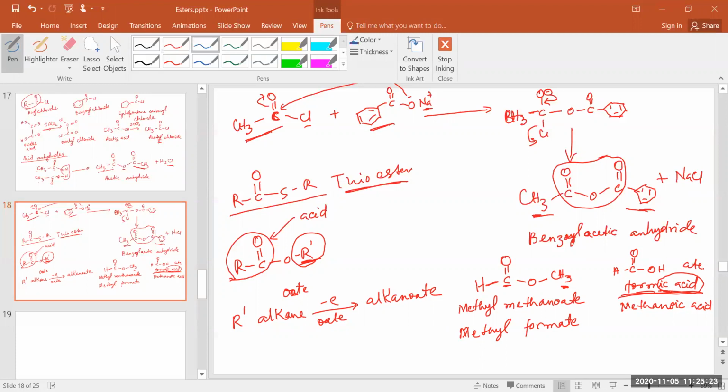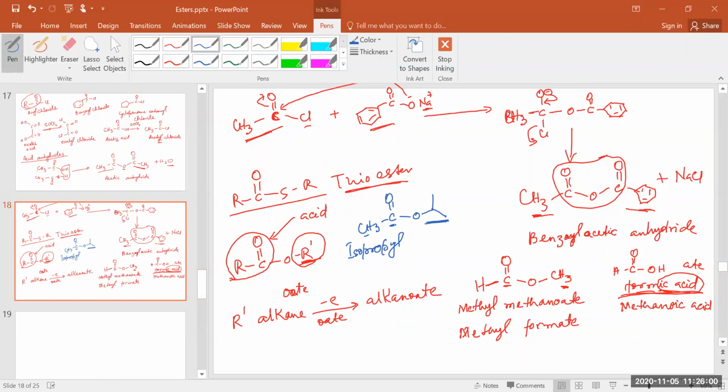Okay. So I will give you one more example. Let's say here you have CH3COOCH3. First you have to name this portion. So what is this one? This is isopropyl. What is this one? 2 carbon.